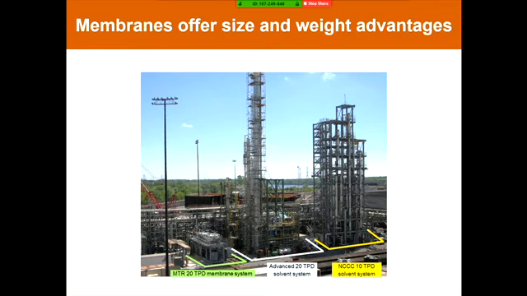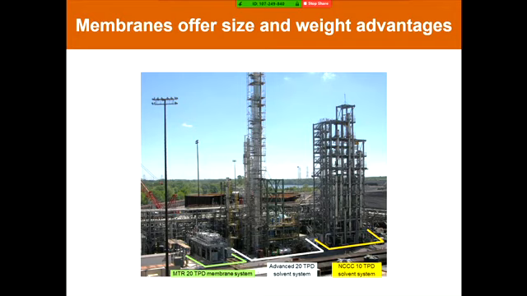One of the calling cards for advantages of membranes is that they have a low footprint for treating a given amount of gas or liquid, and you can really see that here. This is the entire membrane system treating 20 tons per day, so 1 megawatt equivalent of CO2, or recovering 20 tons per day.